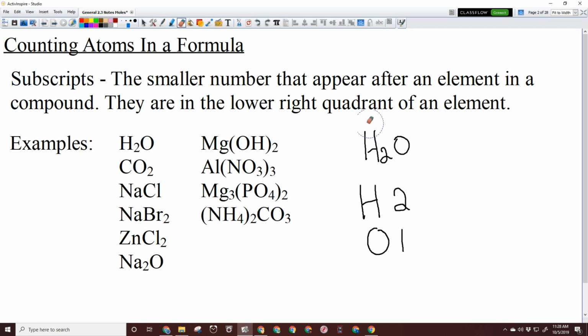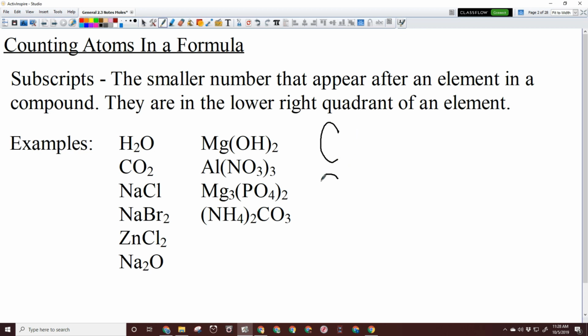All right, and so in carbon dioxide, CO2, we have C and oxygen. C, there's only 1 of those, and in oxygen, there are going to be 2. So this subscript number tells you how many of the element that it follows.